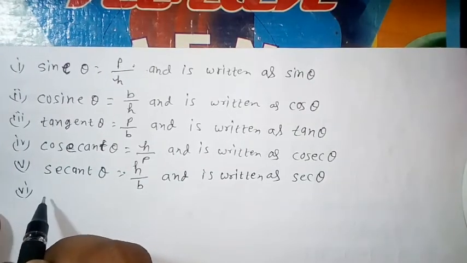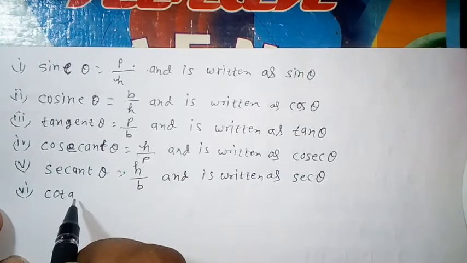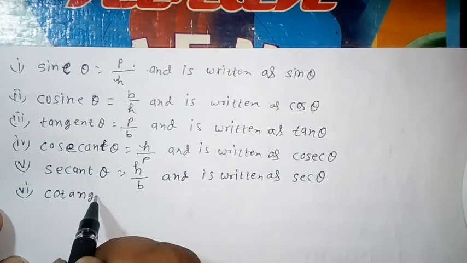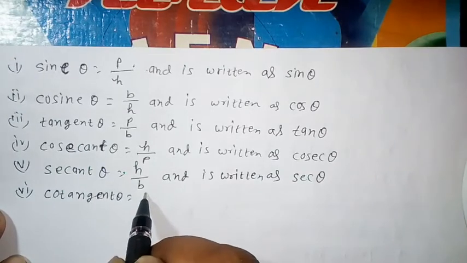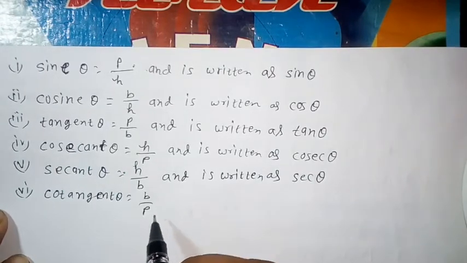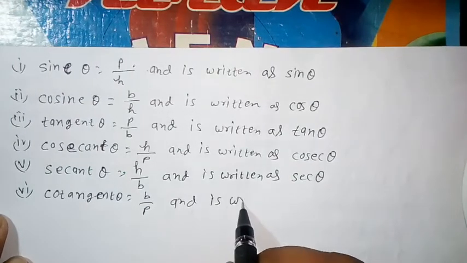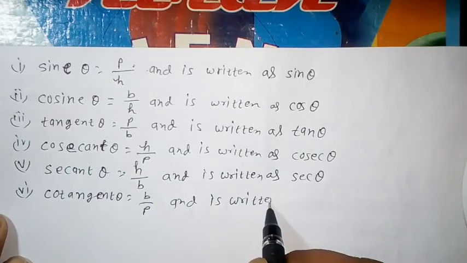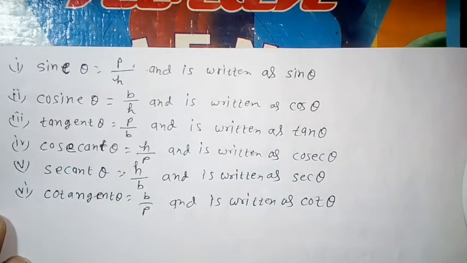Sixth, cotangent theta is equal to b by p, base by perpendicular, and is written as cot theta.